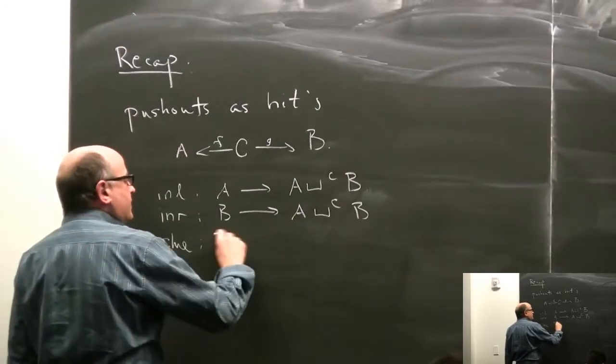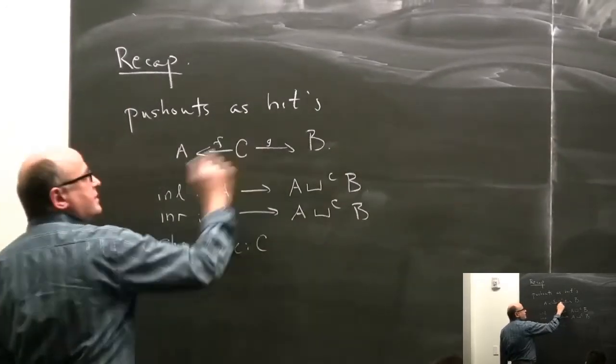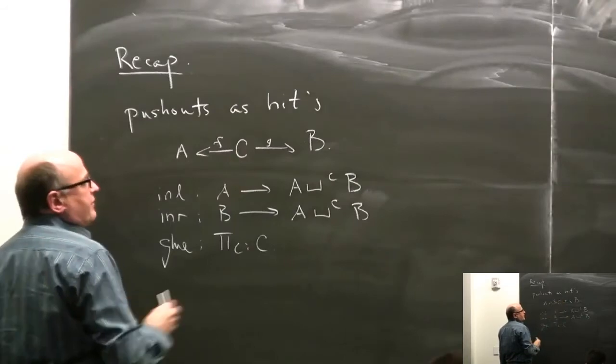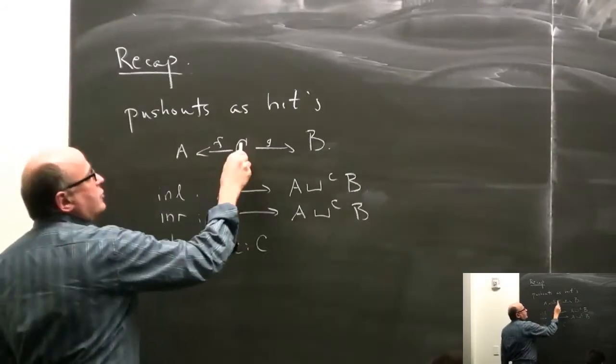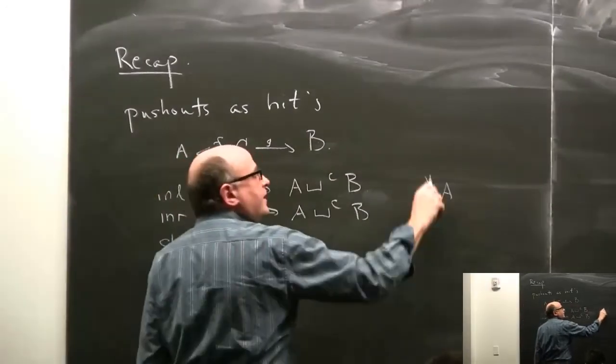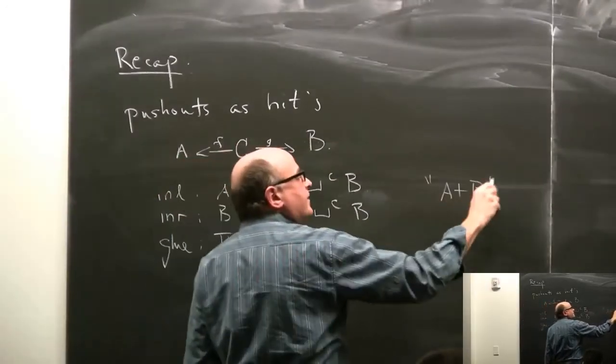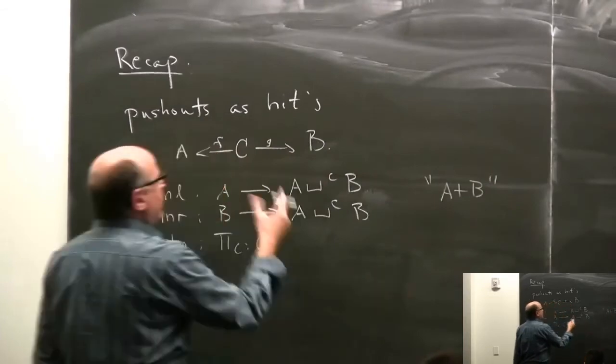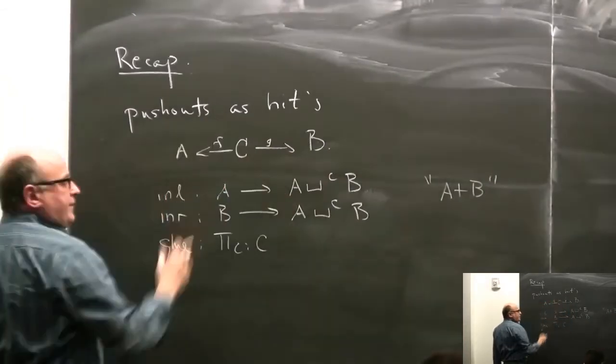Which says that for every C in C, because we kind of think of this as a way of drawing a diagram in A and B, we want to form essentially their sum, except that we want to amalgamate the parts that are in the images.